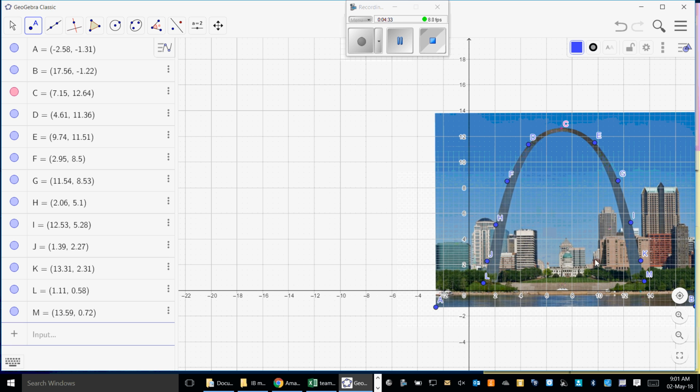If you want a few extras, go ahead, do as many as you like. Try and be as accurate as possible because obviously these coordinates are going to shape your equation. I think I haven't put the bottom one in a very good place, if I'm quietly honest.